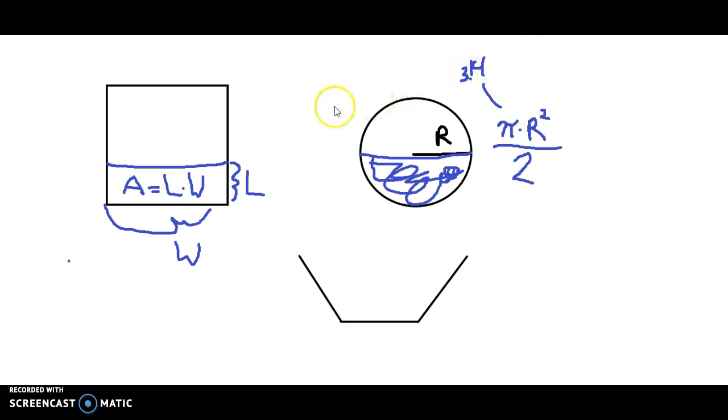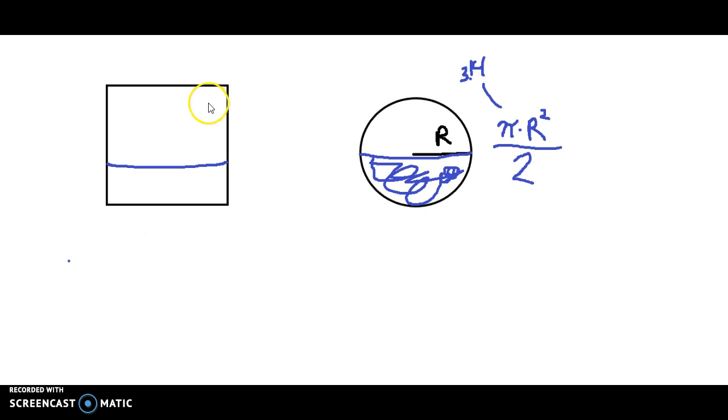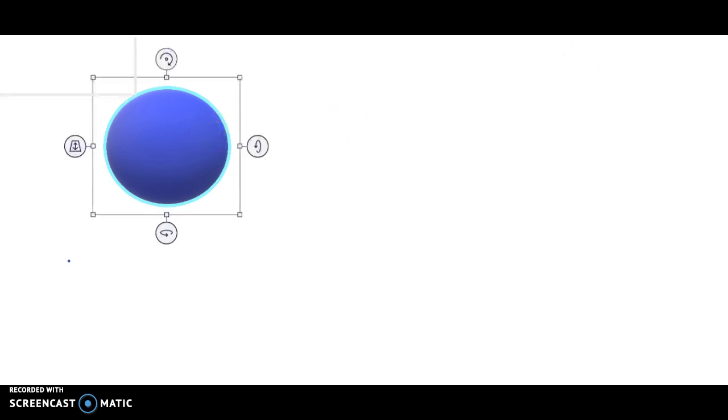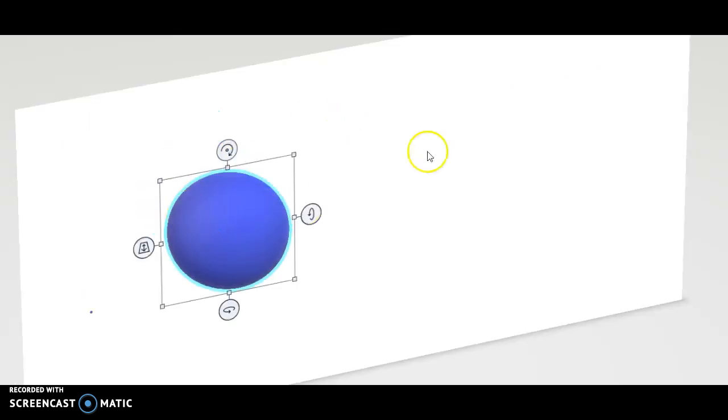And we get into volume. So let's figure that out. We'll go and explore some 3D shapes and show what this looks like. So a sphere is one type. Go into a 3D view.